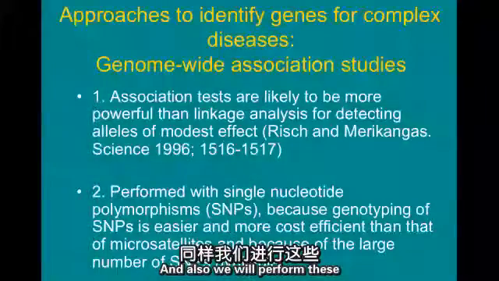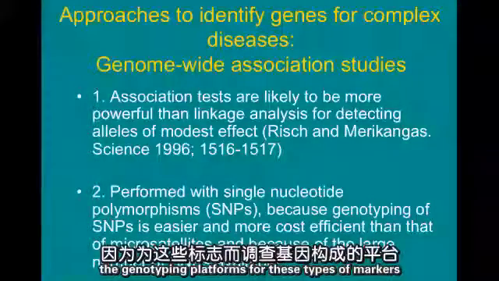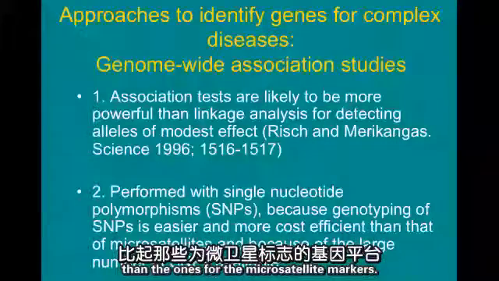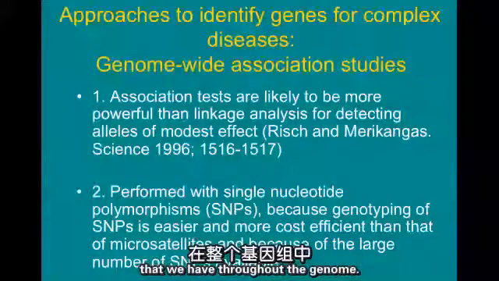We also perform these using single nucleotide polymorphisms, because the genotyping platforms for these markers are much easier and more cost efficient than those for microsatellite markers. So these are different types of variants that we have throughout the genome.